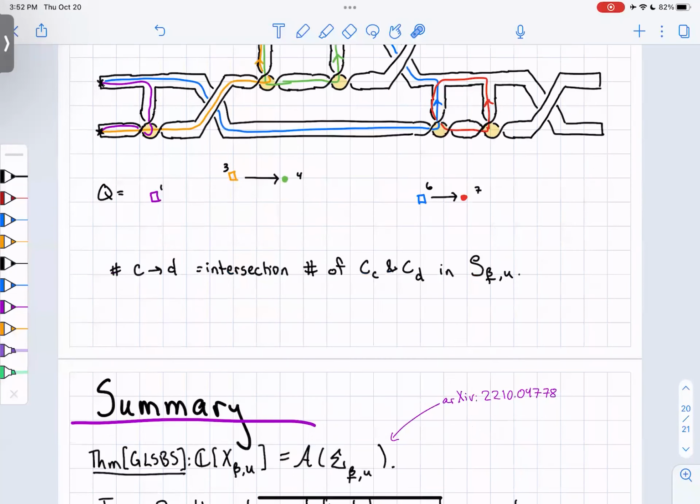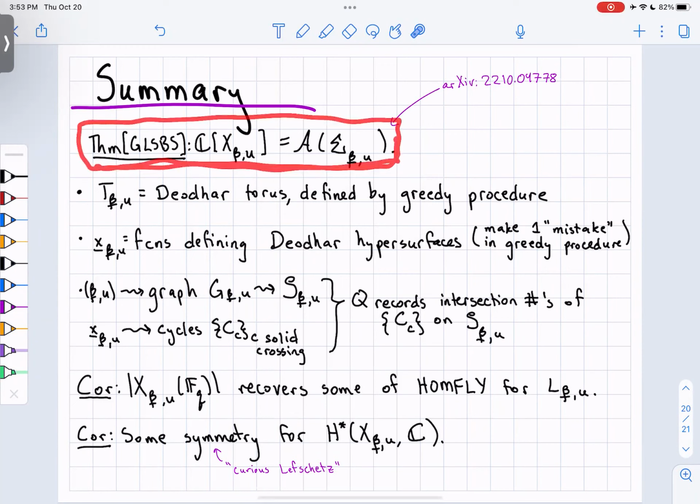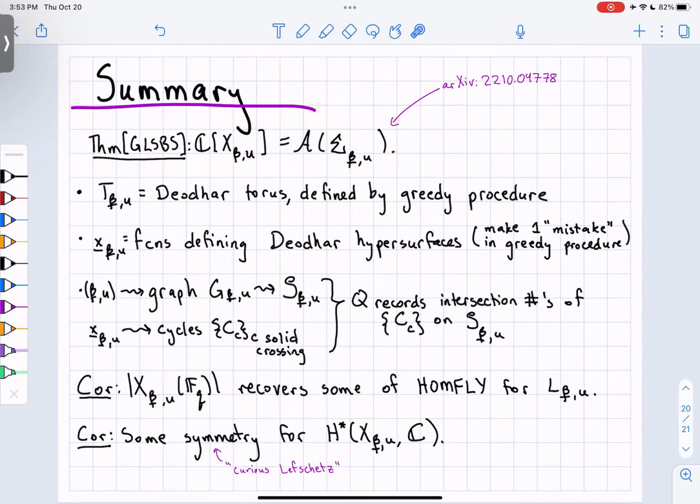Yeah, okay. So let me just summarize, because maybe I won't go too much over time after all. The main theorem is that this coordinate ring is a cluster algebra. And how is this cluster algebra defined? Well, I need to tell you a torus and some bases of that torus. My tori were these Deodhar tori defined by greedy procedures.